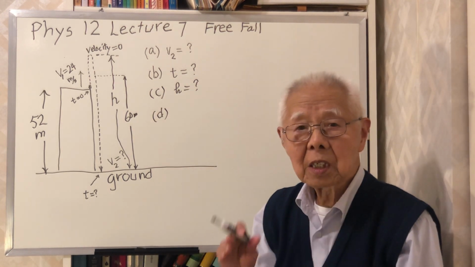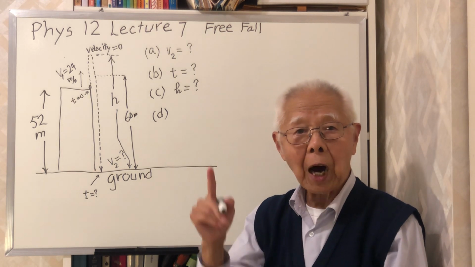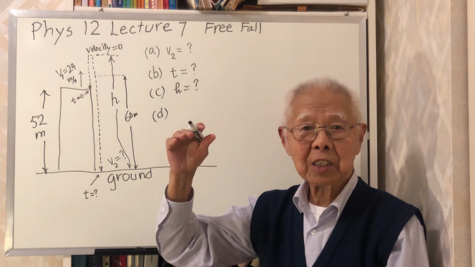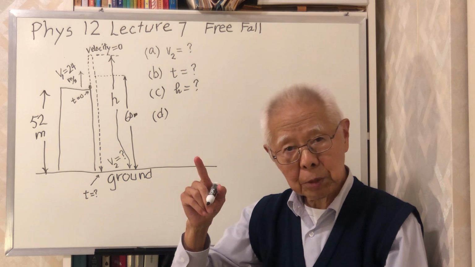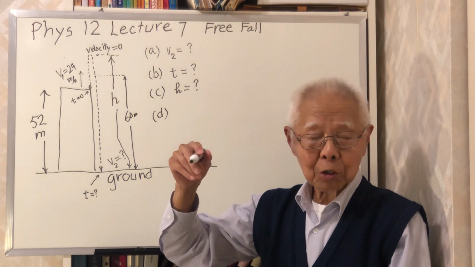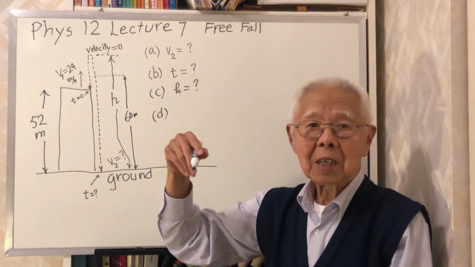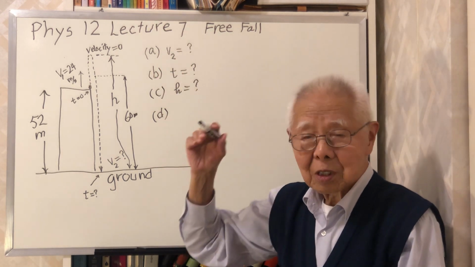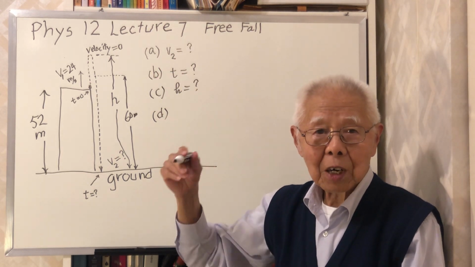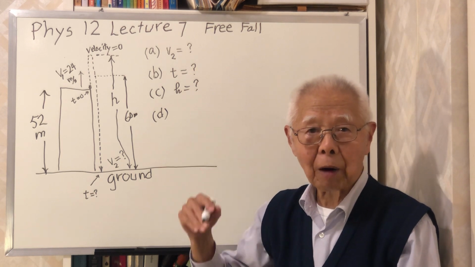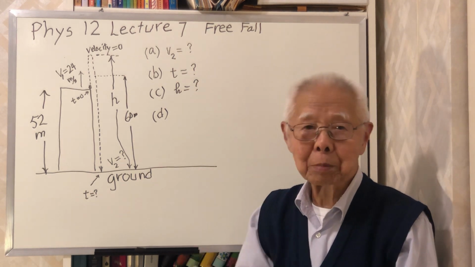One time is when the ball is going up and the height above the ground is 60 meters. But then you have a second time when it goes down and you again have a height of 60 meters above the ground. So what is the time there?